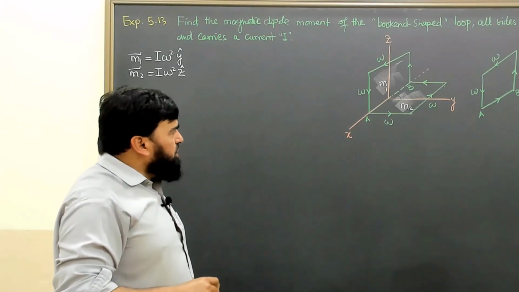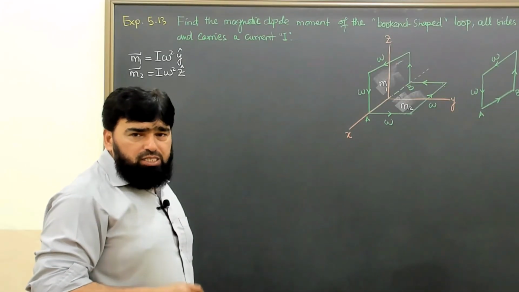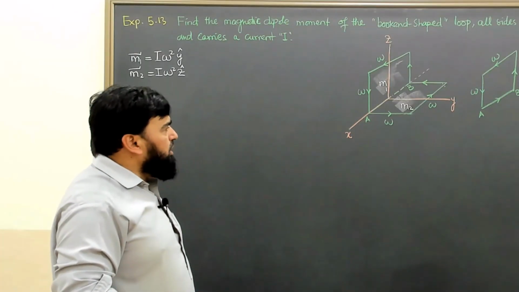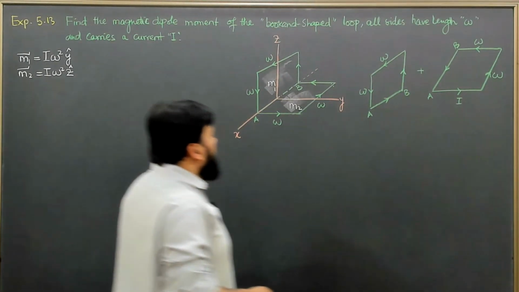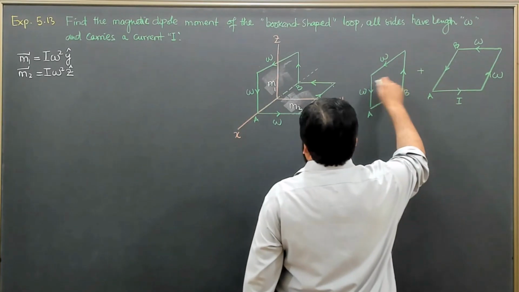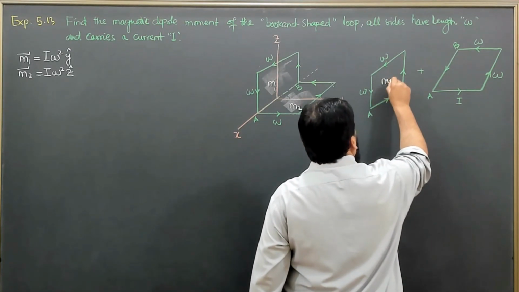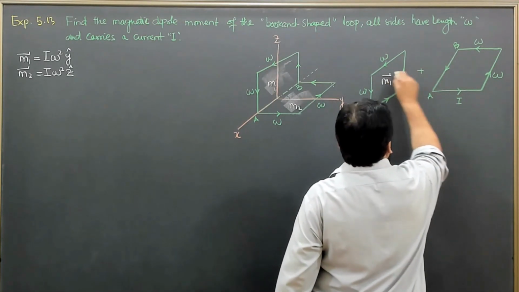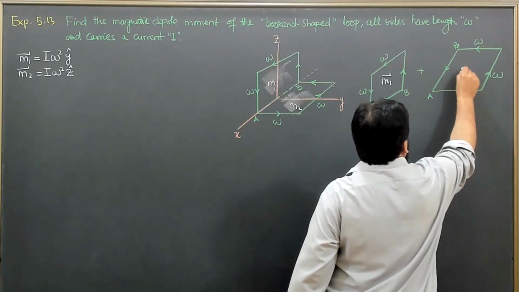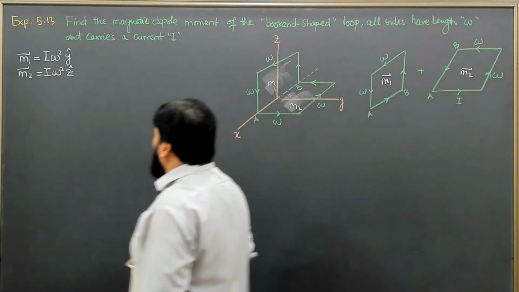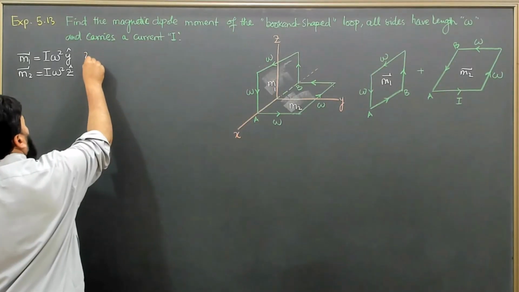So it means that the AB segments cancel each other. If I consider the two, this one is M1 and this one is M2.